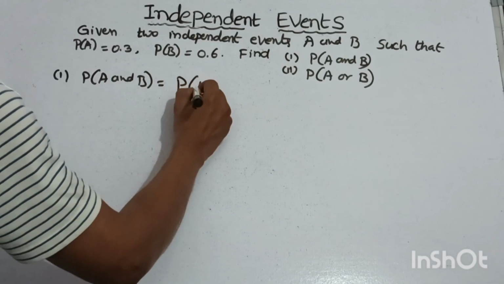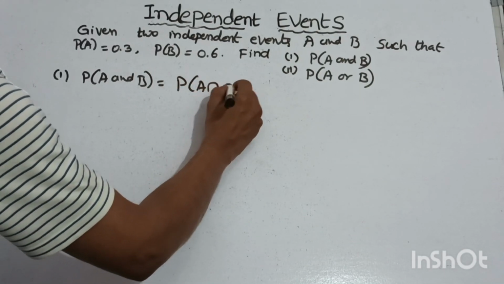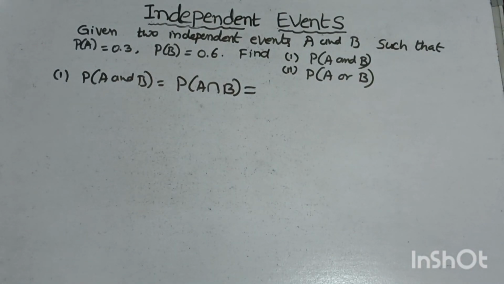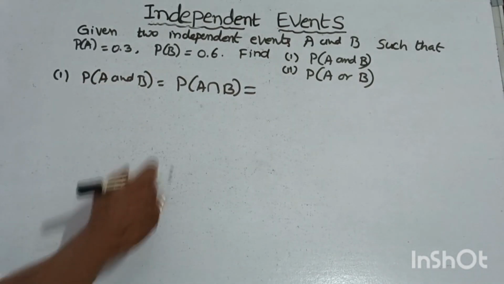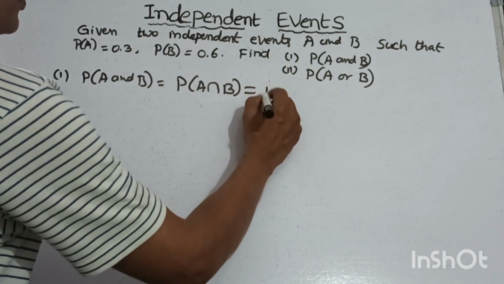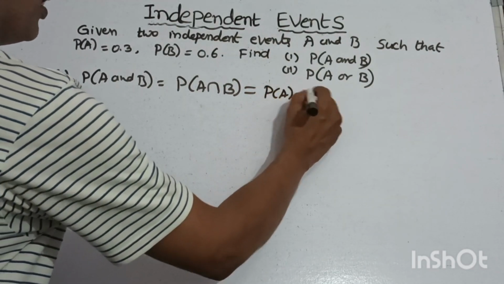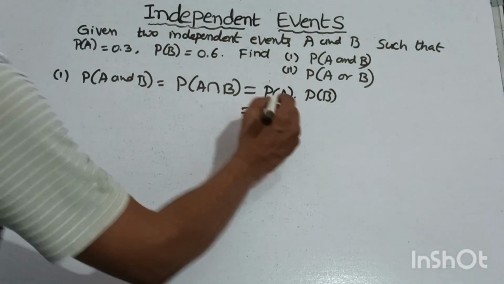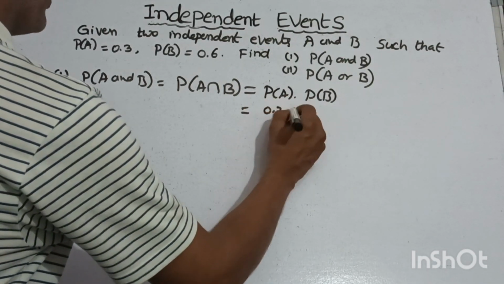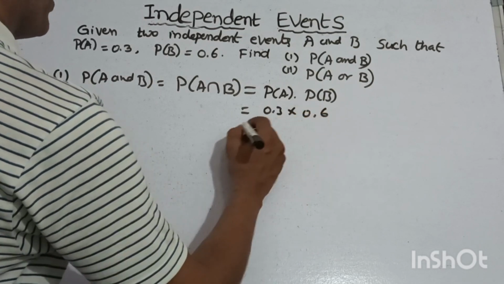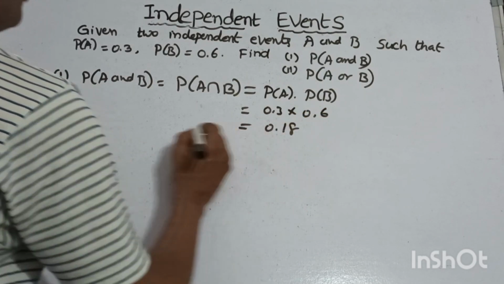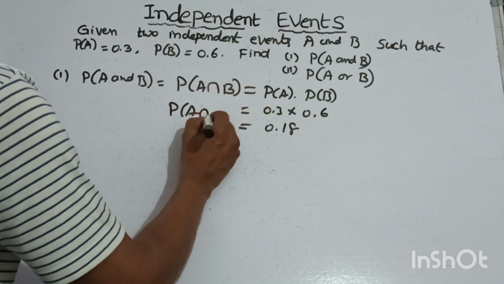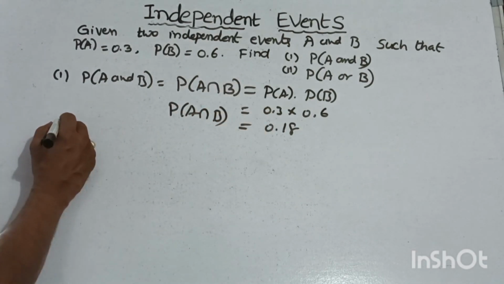Since A and B are independent events, probability of A intersection B is equal to probability of A into probability of B, from the definition of independent events. So probability of A 0.3 into probability of B 0.6, so 0.18. Probability of A and B, or A intersection B, is 0.18.